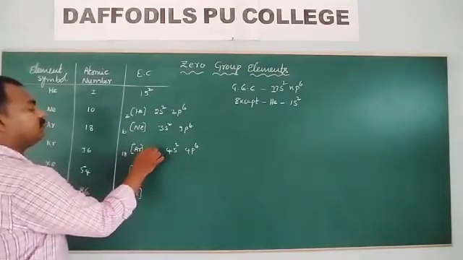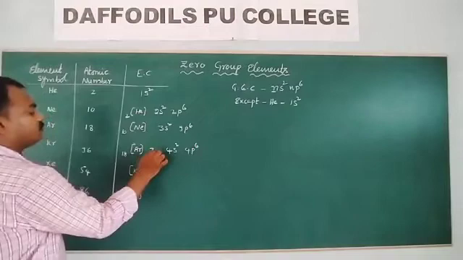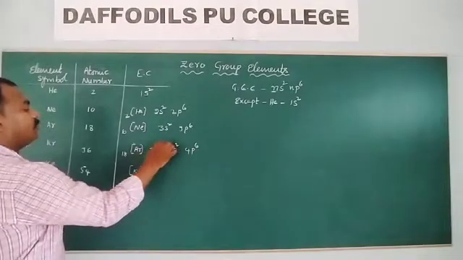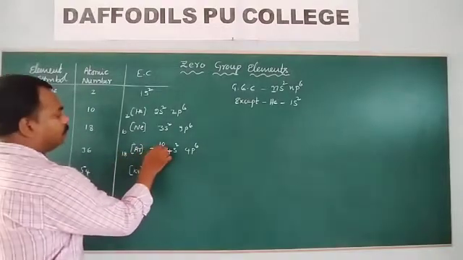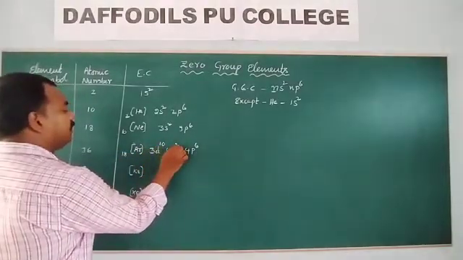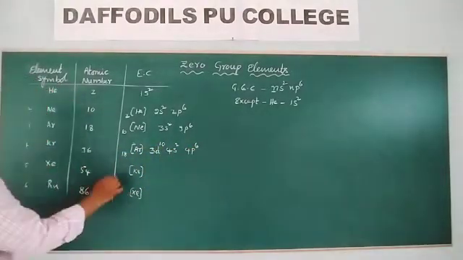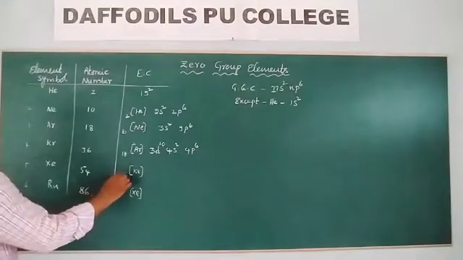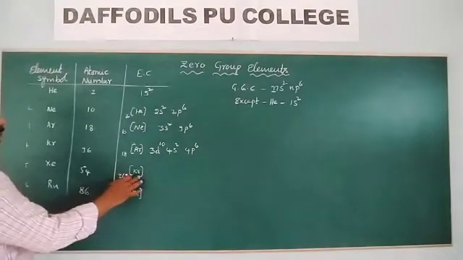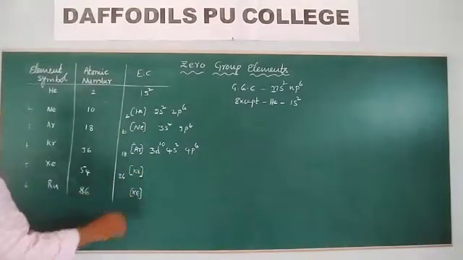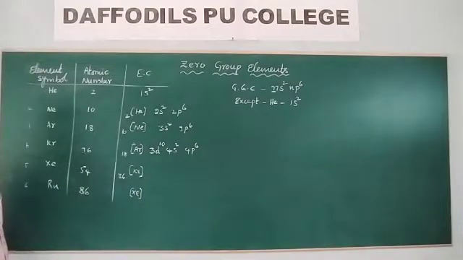So n-1 means 4 minus 1, 3d10. Now count the total number of electrons: 18, 28, 30, 36. Krypton is 36. So up to 36 the electronic configuration is written by representing krypton in square bracket.